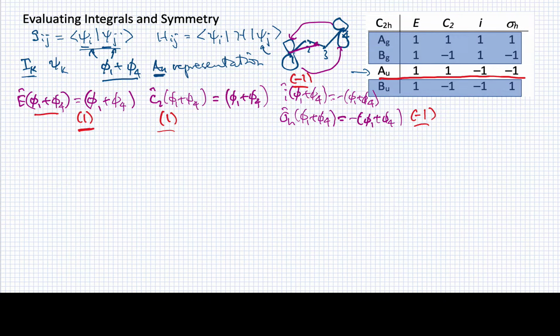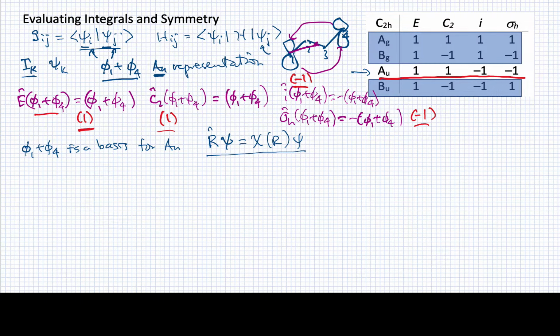All right, what does this mean? This means that phi 1 plus phi 4, and I'll write it formally here, is a basis for the Au representation. And what that means in practical terms is if I ever want to operate some symmetry operation on this function, I will simply get the character that represents that operation times the function.